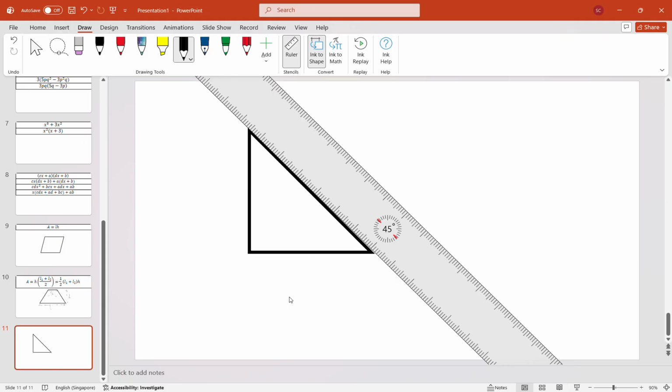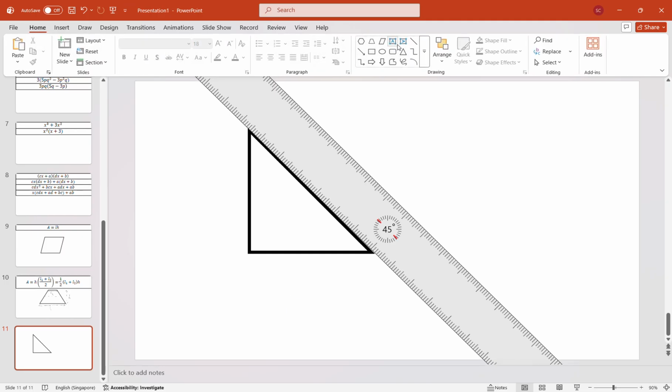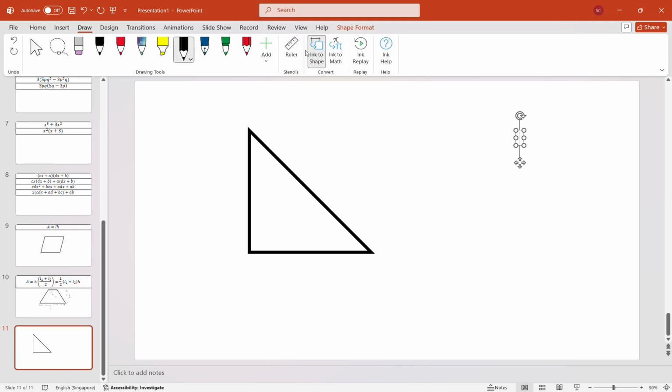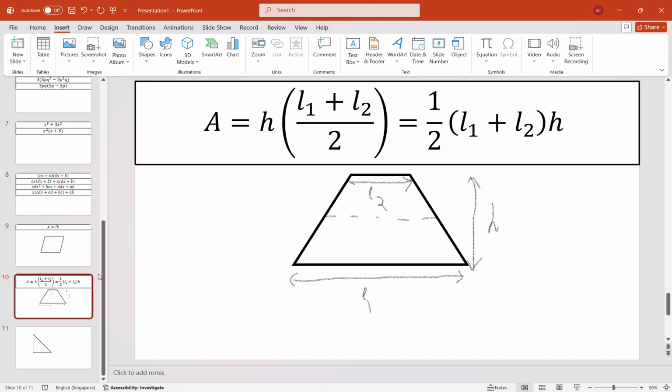Okay, there we go. This is the Pythagorean theorem. I'm going to introduce you to the Pythagorean theorem. We don't need this anymore.